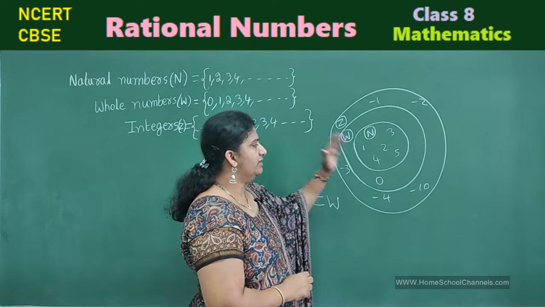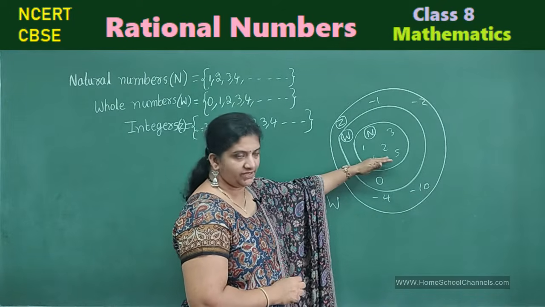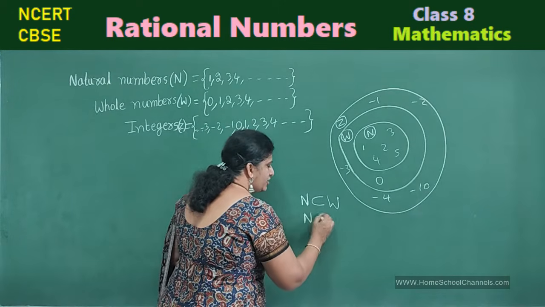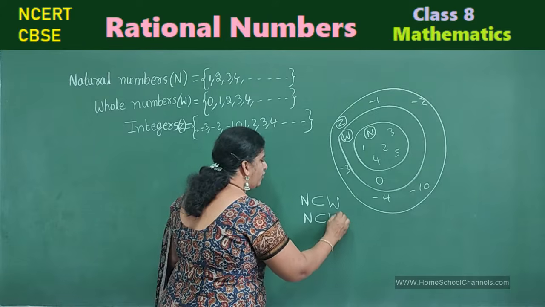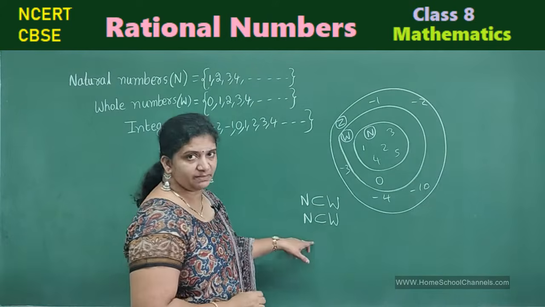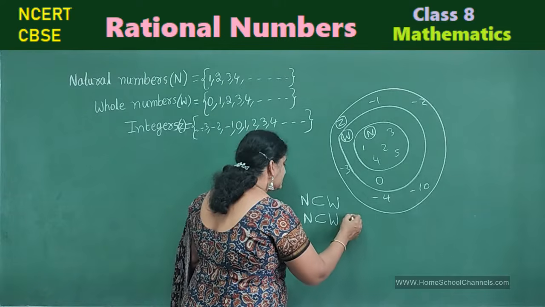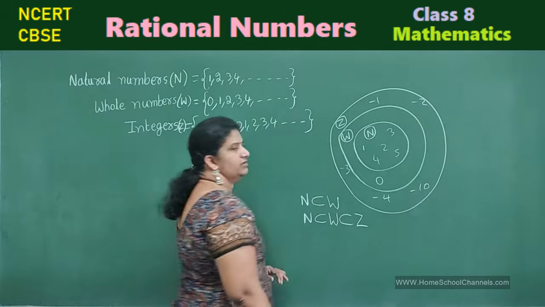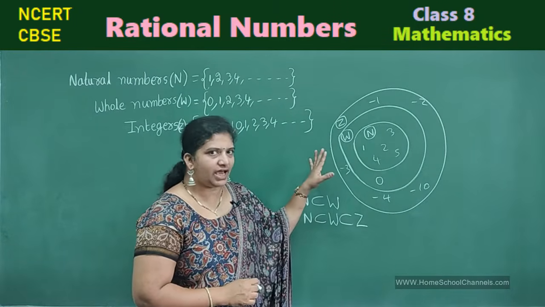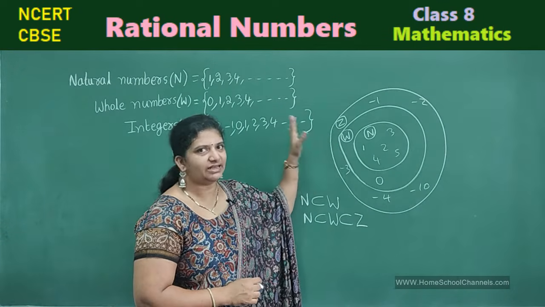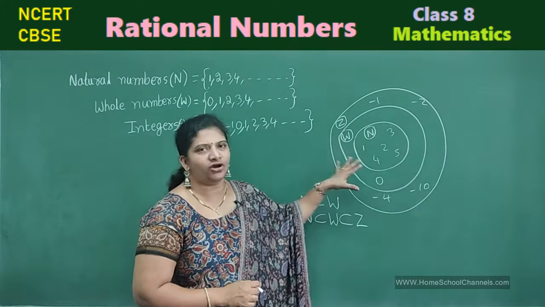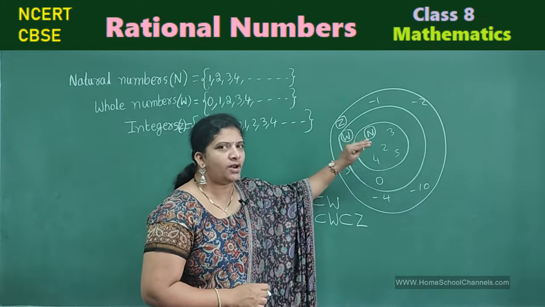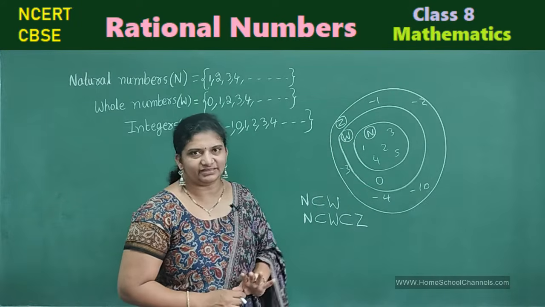Integers contain 0, positive numbers and negative numbers. That means natural numbers are a subset of whole numbers. This is the subset symbol. And whole numbers are a subset of integers. You can see a big circle now, that is the integer circle. In integers, these are all subsets. These other numbers are all small parts of the integers.